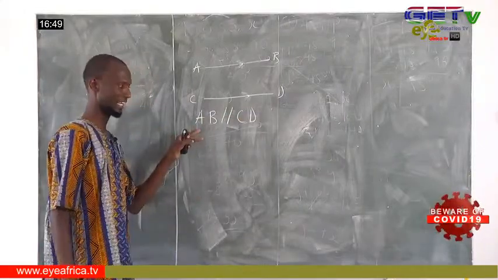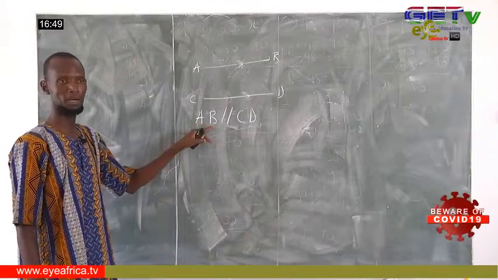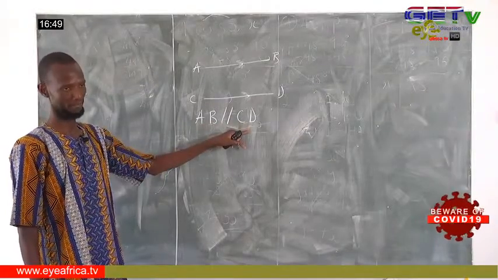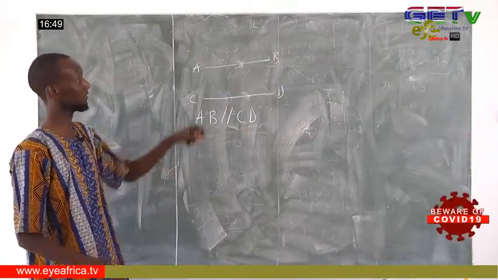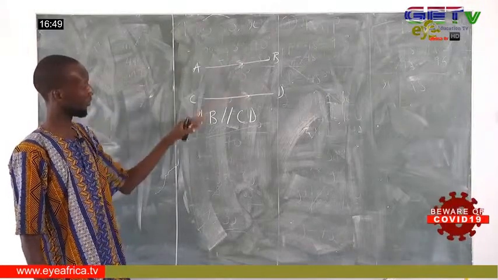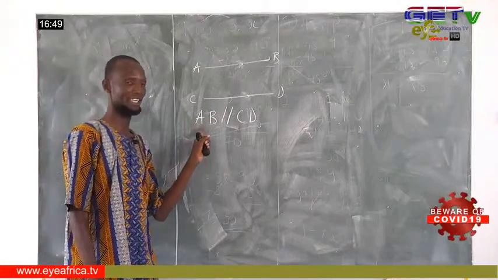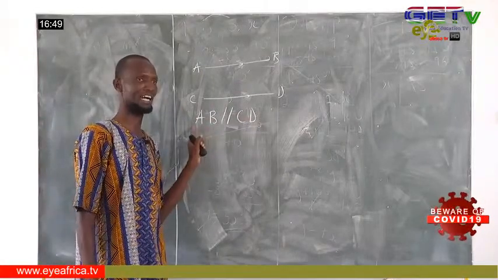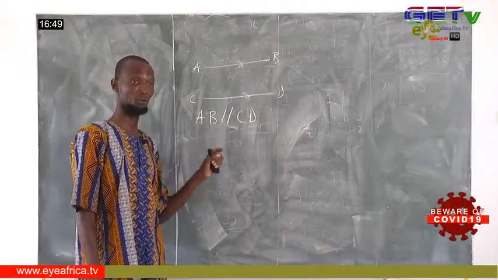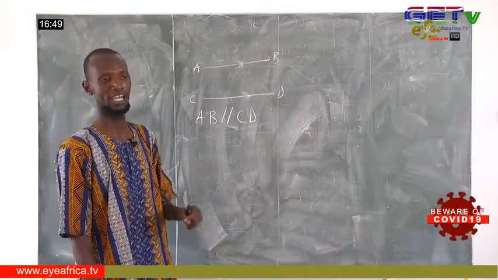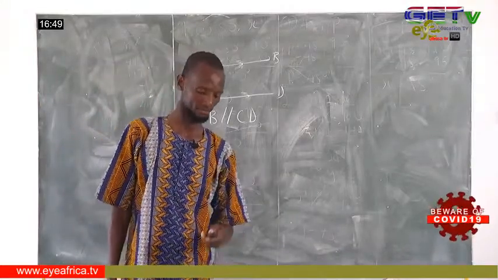You read this as AB is parallel to CD. So you must have either the arrows to indicate it or the lines are labeled, and then you are told that AB and CD, or whatever letters, are parallel to each other. Otherwise, you cannot assume that any lines are parallel.